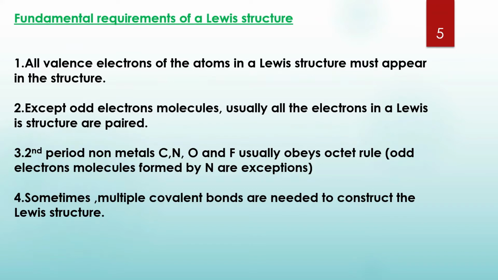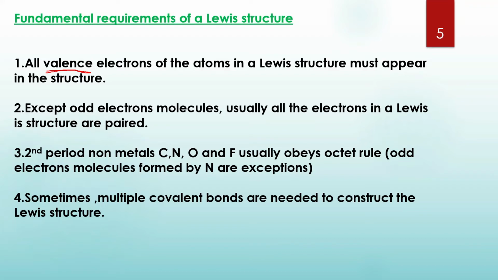Now under drawing Lewis structures, we will first look at the requirements. All valence electrons of the atoms in a Lewis structure must appear in the structure. Remember, it's just the valence electrons that need to appear. All electrons are not shown, only the valence electrons are shown. Except for odd electron molecules, usually all the electrons of a Lewis structure are paired. If there's an odd electron molecule, one electron will not be able to be paired.